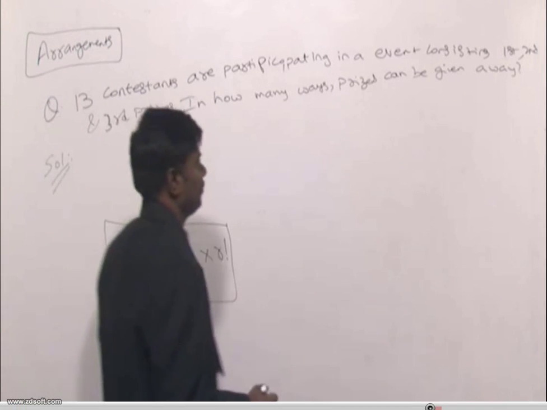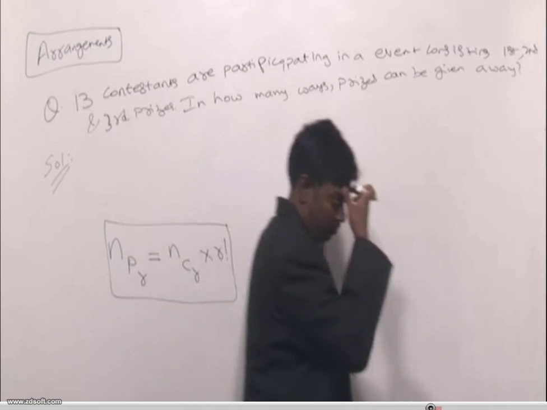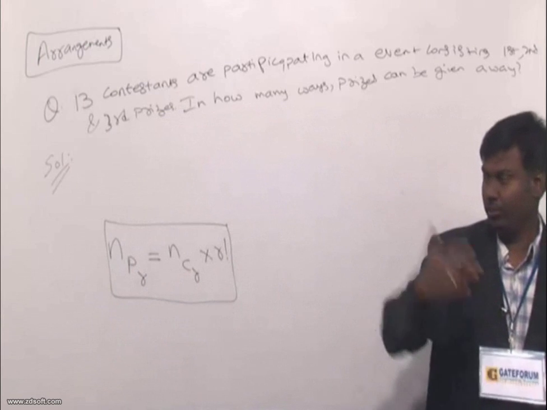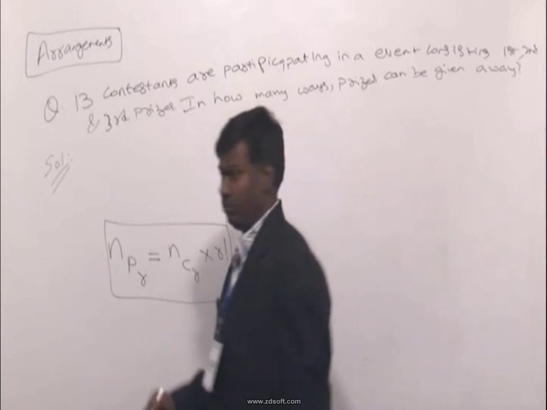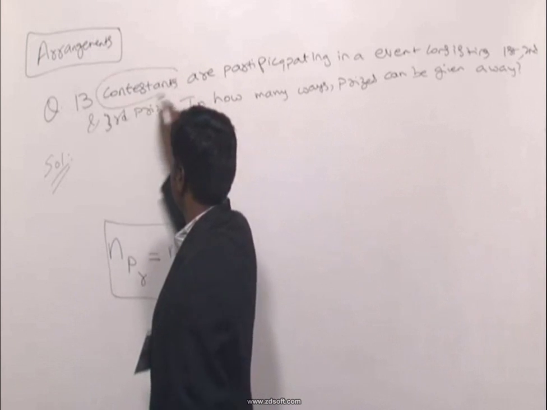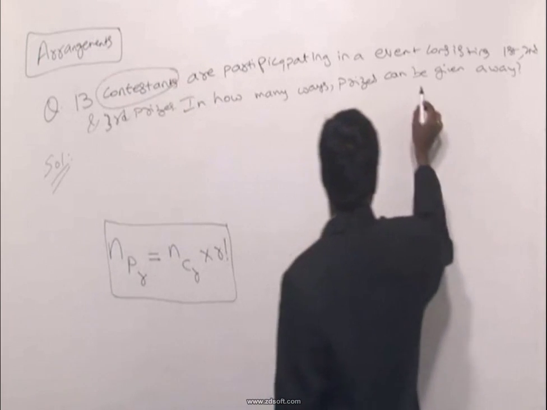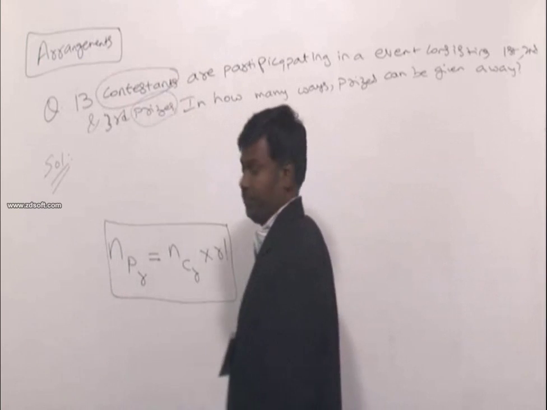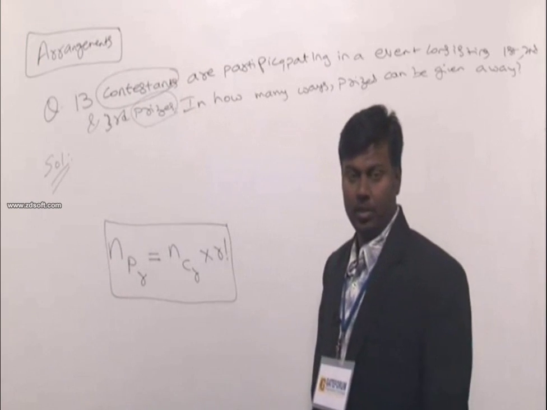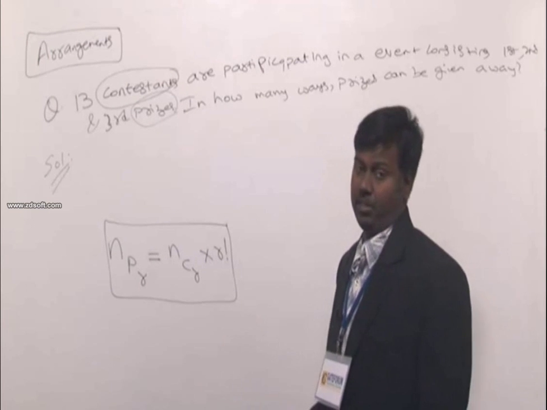Okay. Now, whenever you're talking about something going to the other, you decide those two parties. First part is contestants, second part is prizes. Right? And decide the capacity.